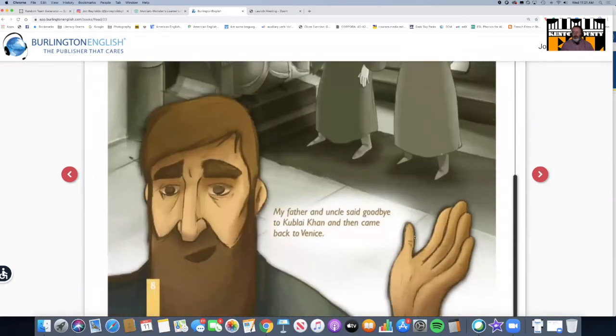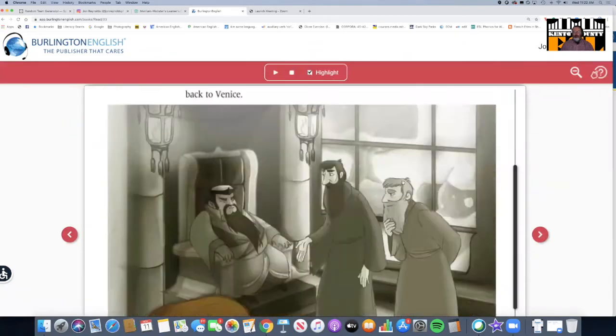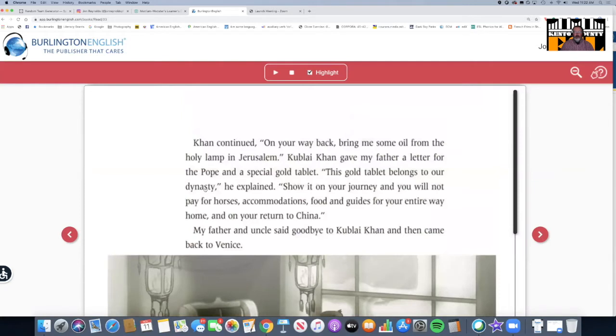So this is page 8. If you look down on the bottom there, you'll see 8. But the word dynasty is here, close to the top of the list. In fact, I'll kind of highlight it here. So dynasty is the word that someone chose.